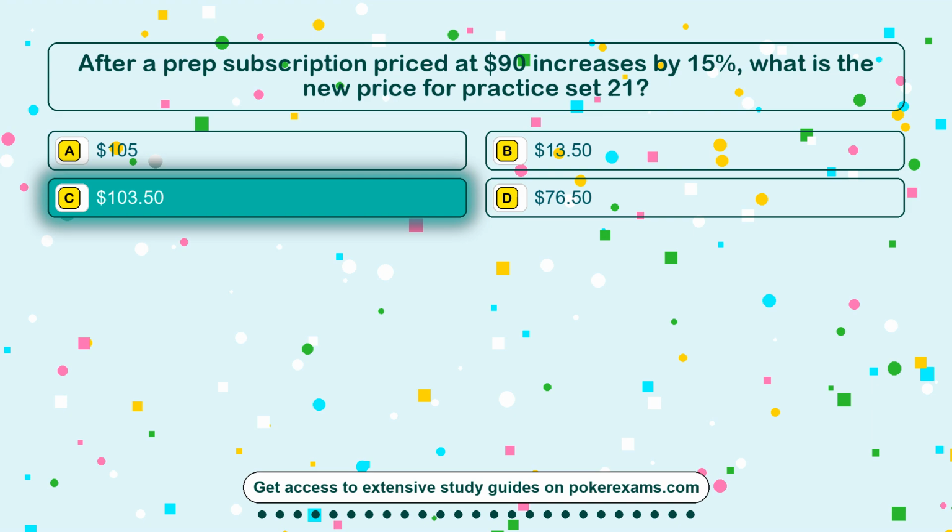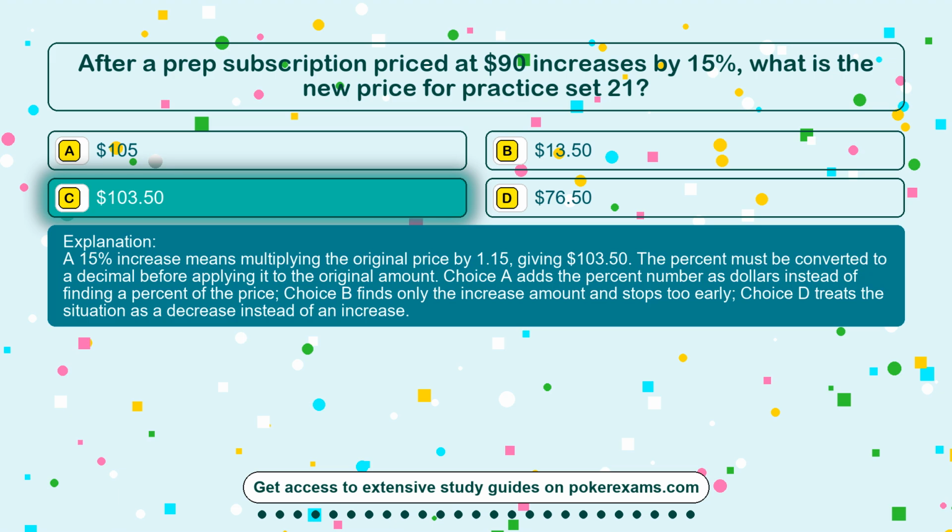The correct answer is option C, $103.50. A 15% increase means multiplying the original price by 1.15, giving $103.50. The percent must be converted to a decimal before applying it to the original amount.